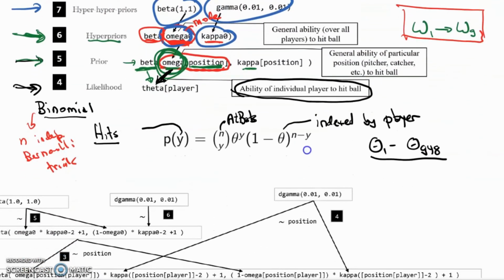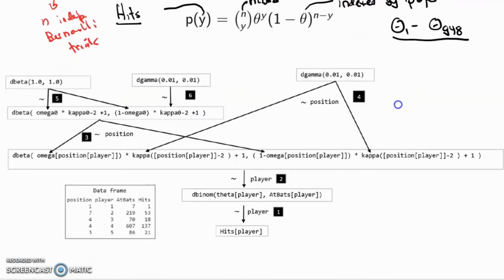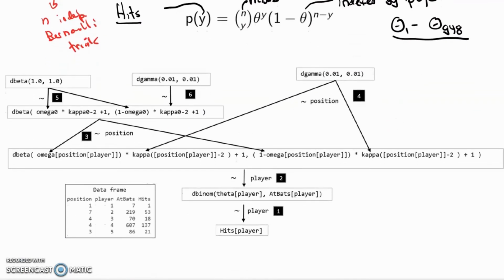So with that overview, now let's come back and see if we can make some sense out of this flowchart. We're going to start at the bottom, as we always do, and there is our likelihood function. The whole idea of our likelihood function is the number of hits for the 948 players is going to arise from a binomial distribution that is indexed by theta, and we're going to have a separate theta for each player, and the number of at-bats for each player.